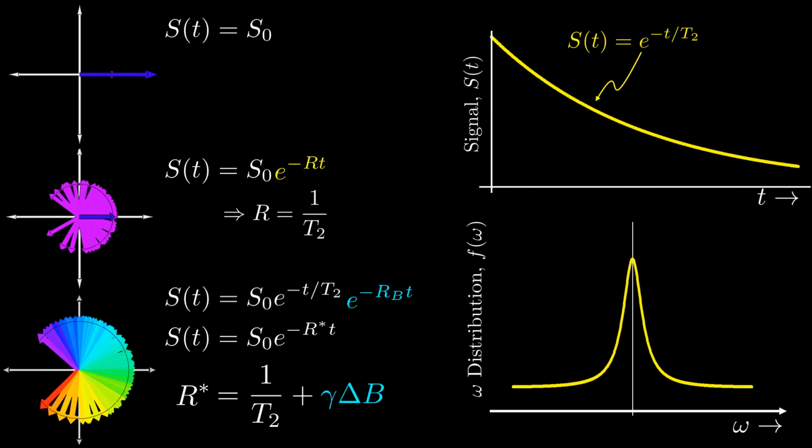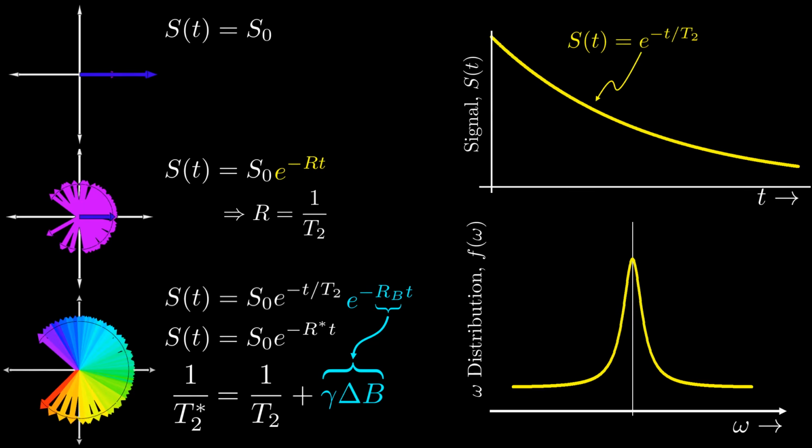R star by this model is clearly just equal to 1 over T2 plus R sub b, which we can write as gamma times delta B, which is just delta omega. Similar to T2, R star can be characterized by its own time constant, which we designate T2 star, which is the observed signal decay rate due to all the dephasing mechanisms present in our sample.